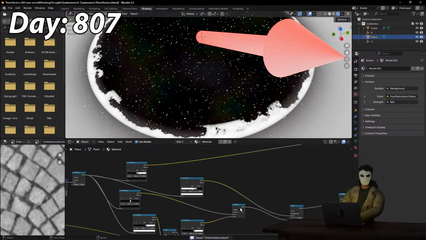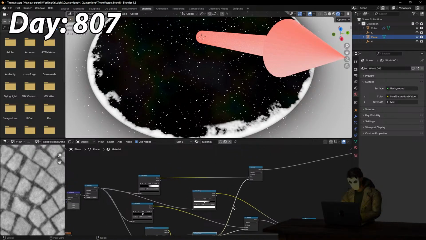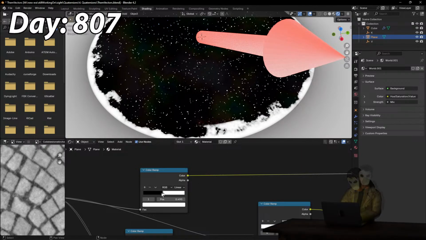Oh yeah, that's why we needed to multiply this by the bottom one. I remember now. There we go. Perfect.